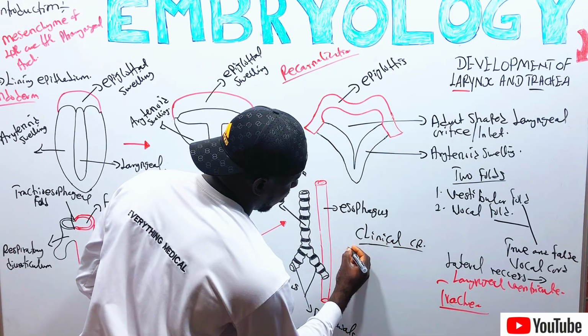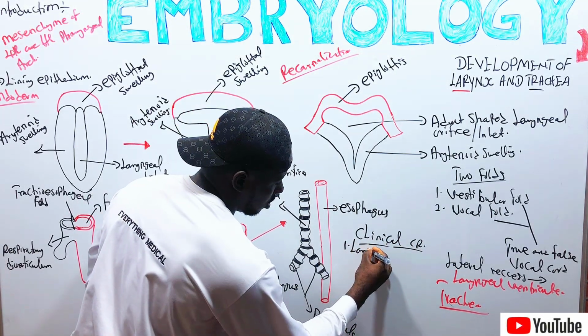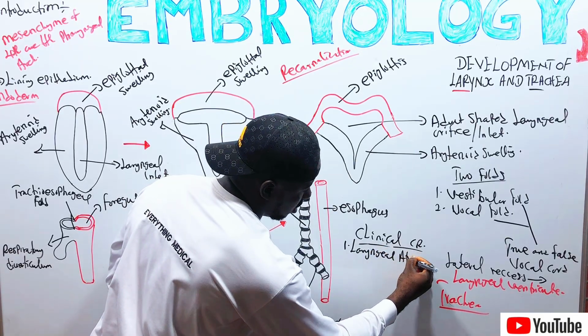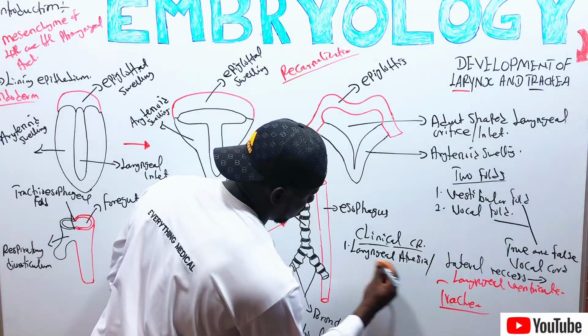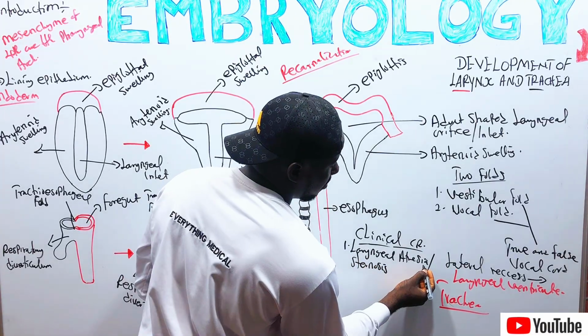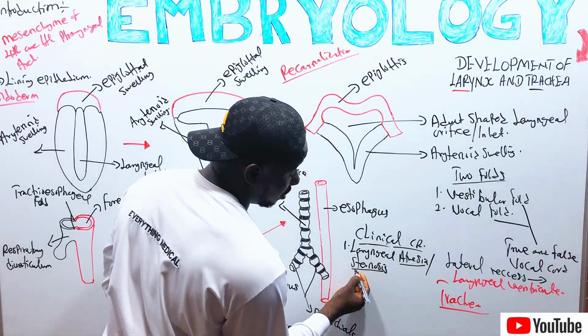Clinical correlation. Number one is laryngeal atresia and stenosis. Atresia means blockage, while stenosis means narrowing, right?